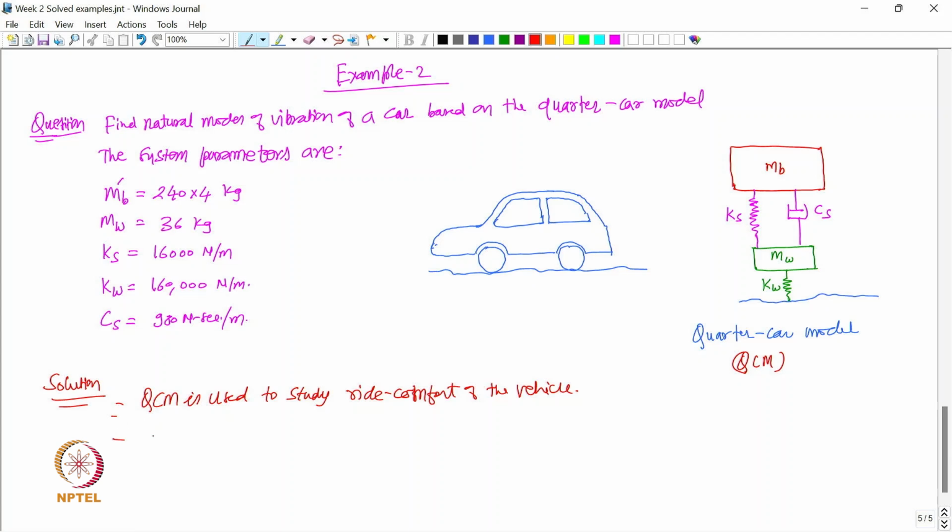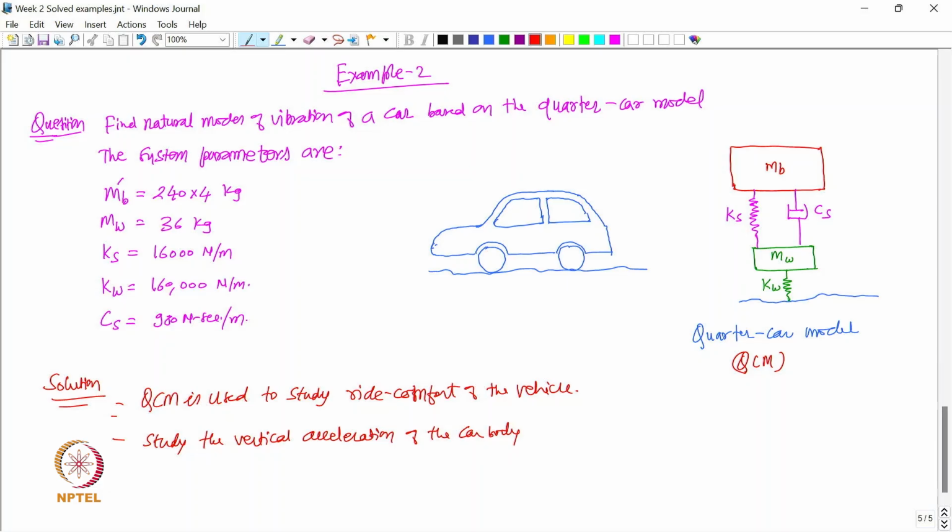So, study the vertical acceleration of the car body. Why? Because the car body carries the passenger seats. If the car body vibrates significantly and has significant vertical acceleration, the passengers also will be subjected to that acceleration.